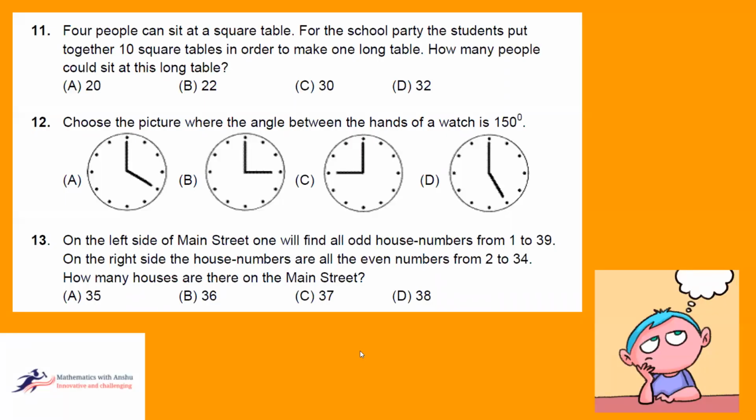Now see this question. 4 people can sit at a square table. So the table can look like this. Let me draw with a different color. This can be the square table.